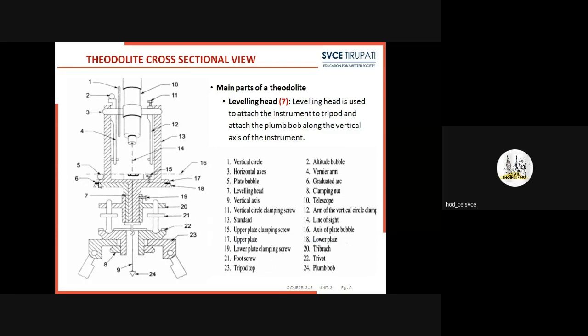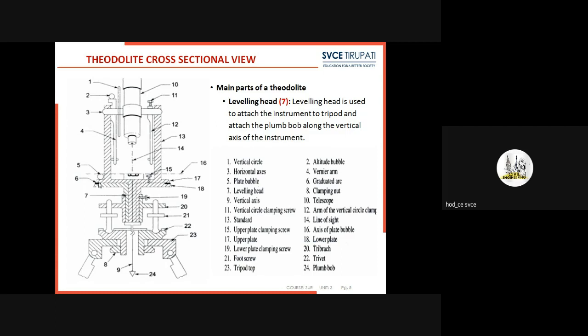So the vertical clamp is used, once the telescope is directed towards the object, to fix it. Number 11 is the clamp screw; when you clamp it, the telescope will stay directed towards the object.